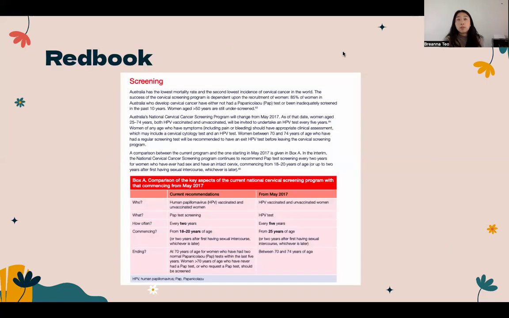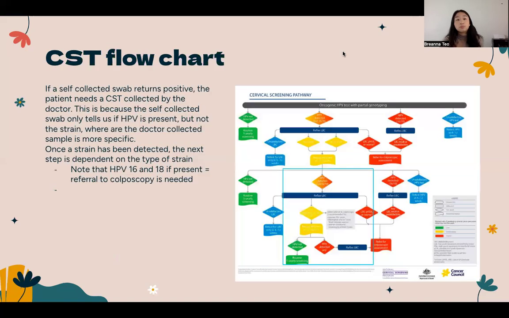And you can see this in the Red Book as well. And I'm sure you'll learn about it a bit more in women's as well. But you can see it here in this flowchart, which I think is from women's, from the OBGYN notes, but also from the National Cervical Screening Program. What happens is that if HPV is detected, then they undergo reflex LBC, and then it depends on what type it is.